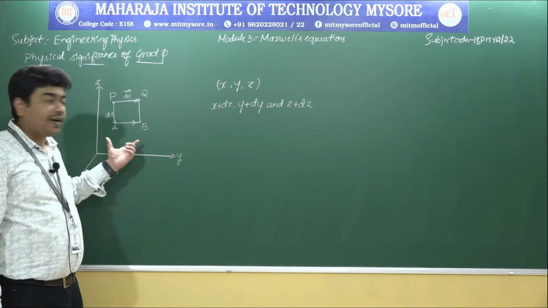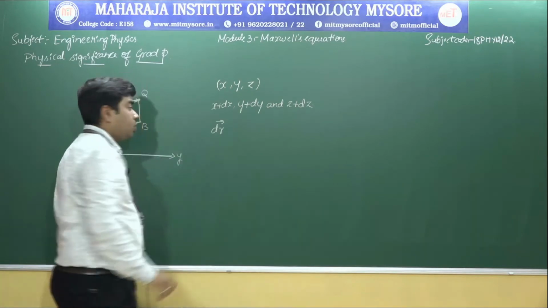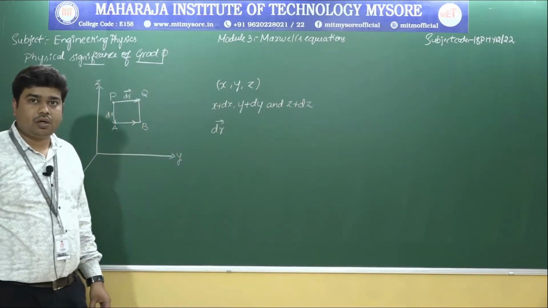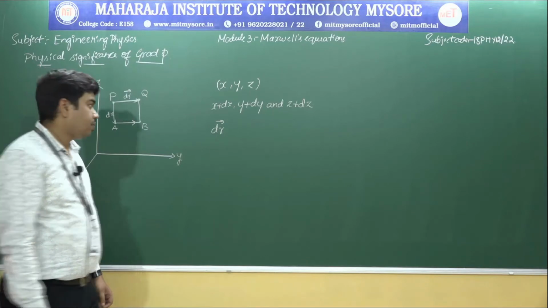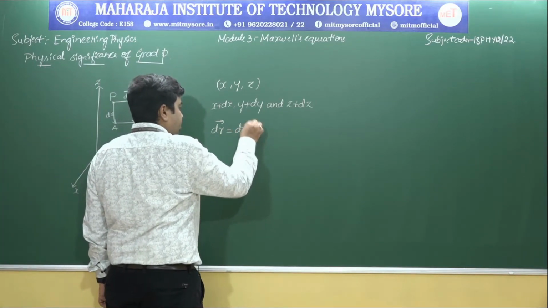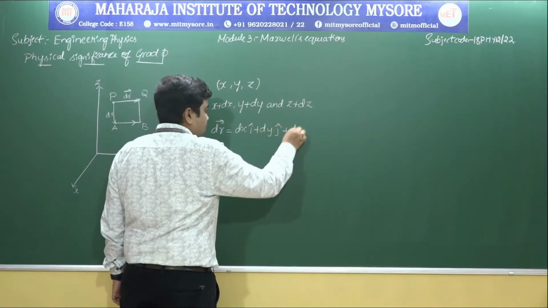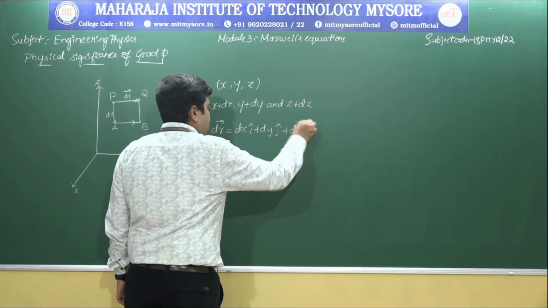Now, let a vector dr be joining the points P and Q given by dr is equal to dx into i cap plus dy into j cap plus dz into k cap.